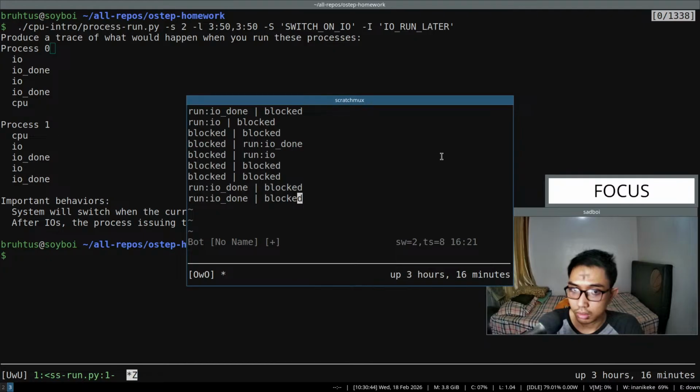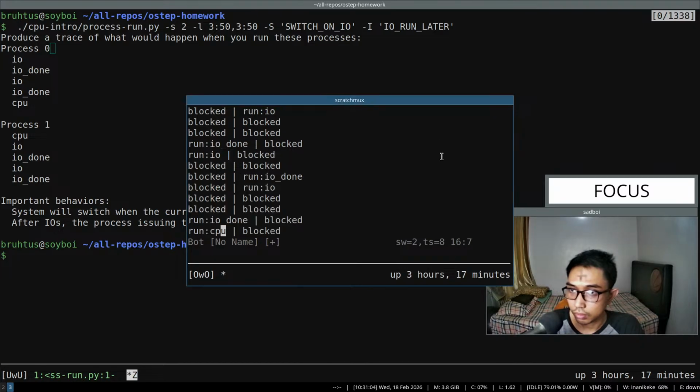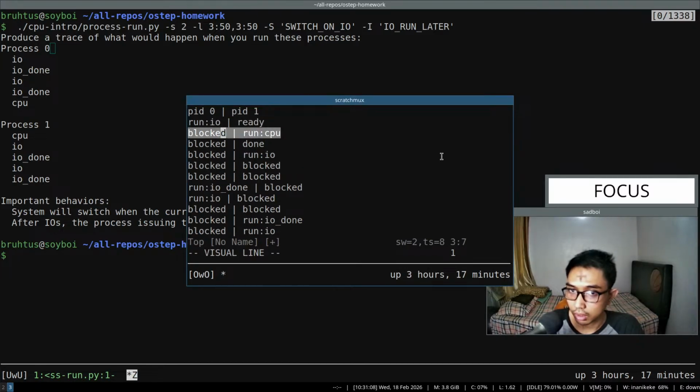And then, okay, we have 4 already on the PID 1, and then this one CPU. Okay, then this one, we are running CPU.